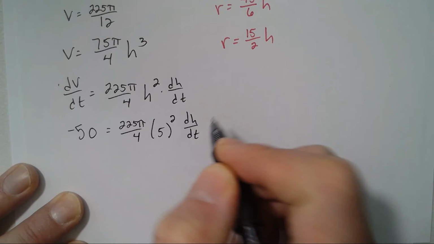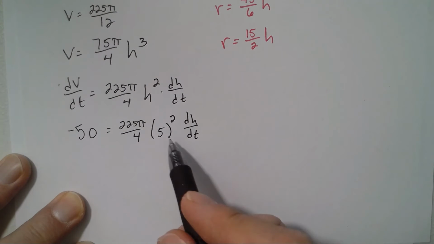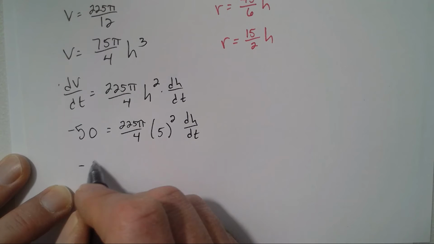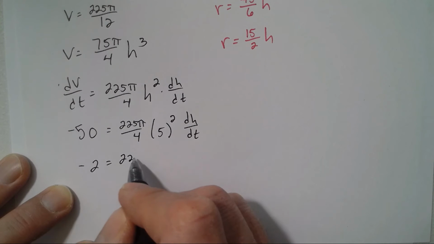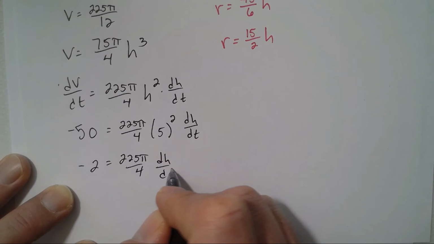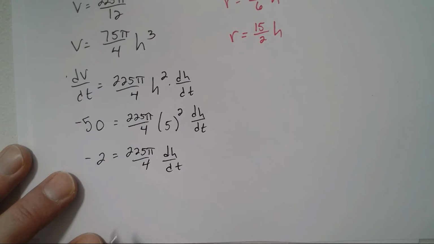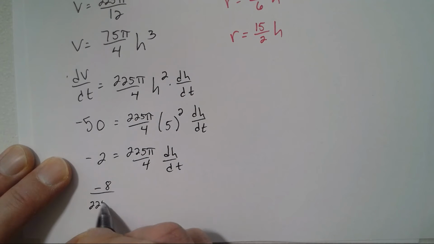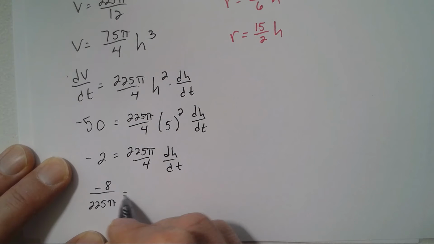Divide by 25, and that gives you negative 2. Multiply by the reciprocal, so it would be negative 8 over 225 pi is your dh/dt.